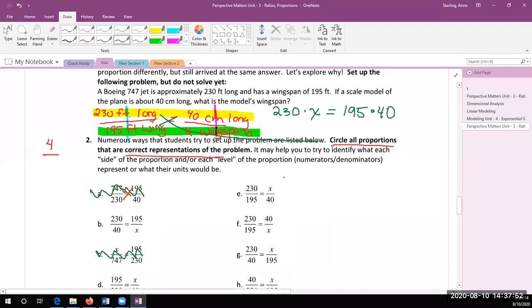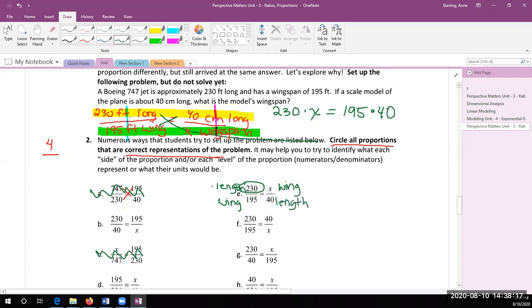I'm also going to look at, can I label? So this 230 here, if we come back up, represents the length. Okay. So then this 195 represents the wingspan, so that's fine. And then if I come over here, x represents the wingspan, but 40 is the length.